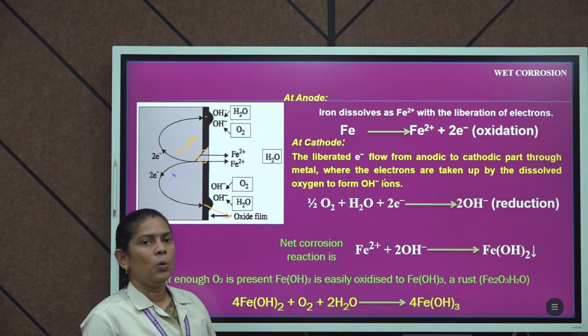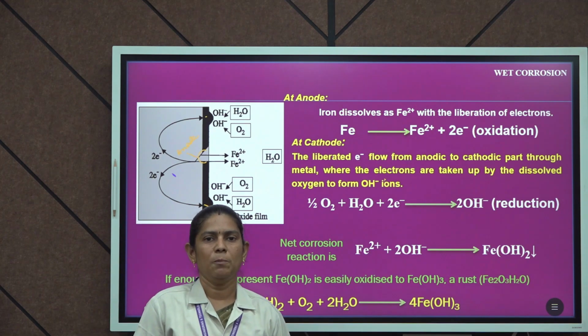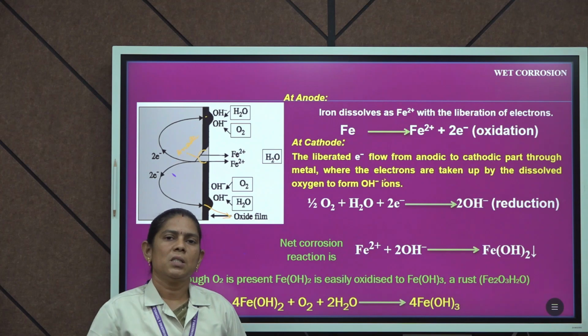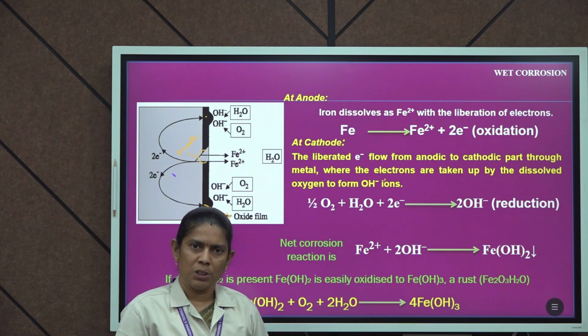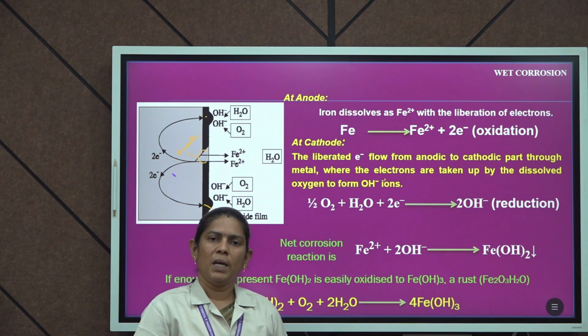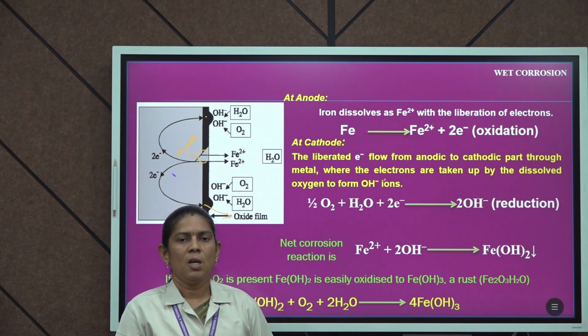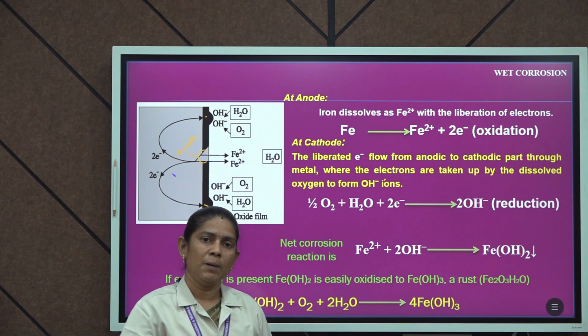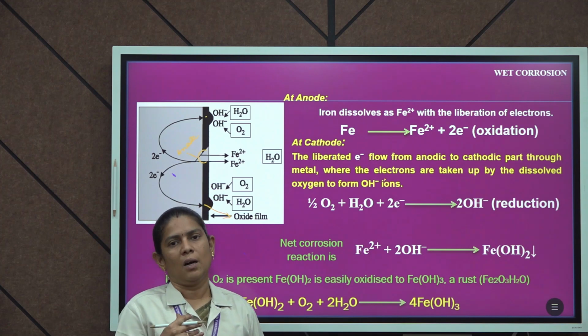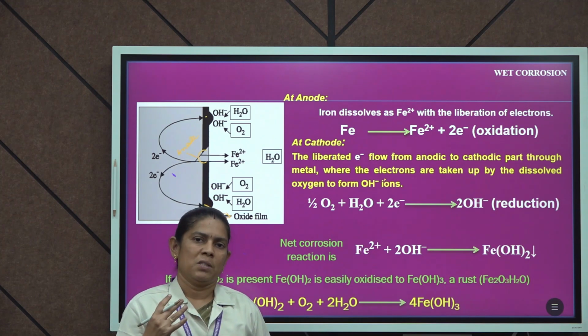So, this is about the hydroxide ion formation type corrosion. Up to this, what is electrochemical corrosion, what is the mechanism behind it, and what are the hydrogen evolution type and the hydroxide ion formation type corrosions, right.